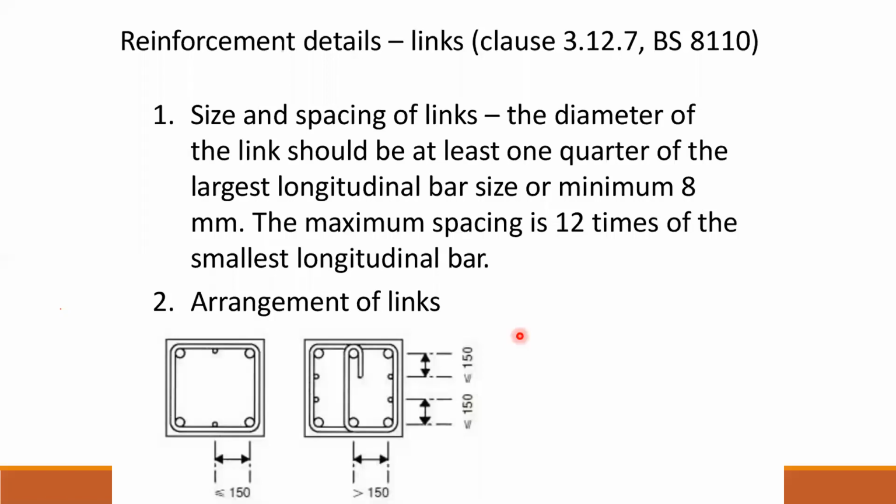in the English measurement system we follow the inches. So 1 inch is 25 millimeter approximately. So the arrangement would place 125. So if there are any columns using 12 millimeter bars, then the maximum shear link spacing should be 125 millimeter.